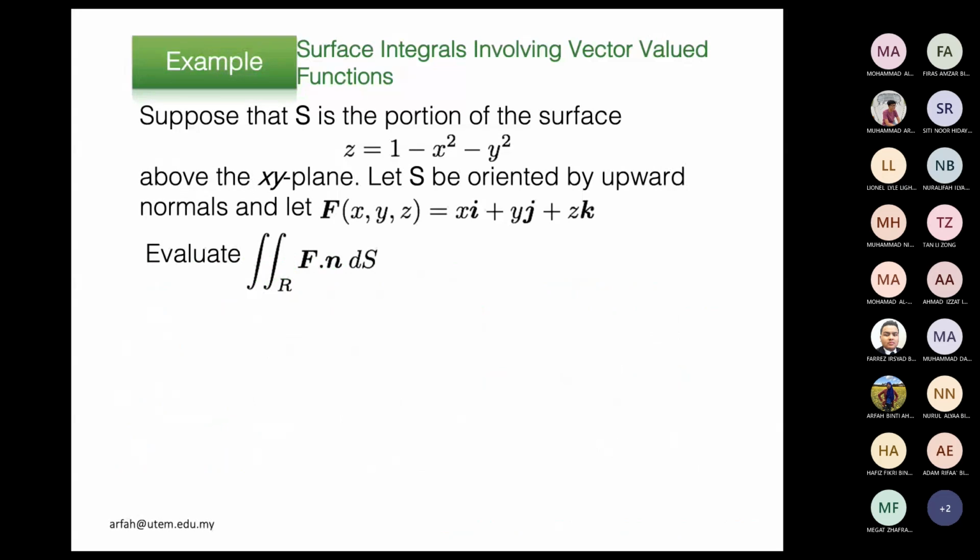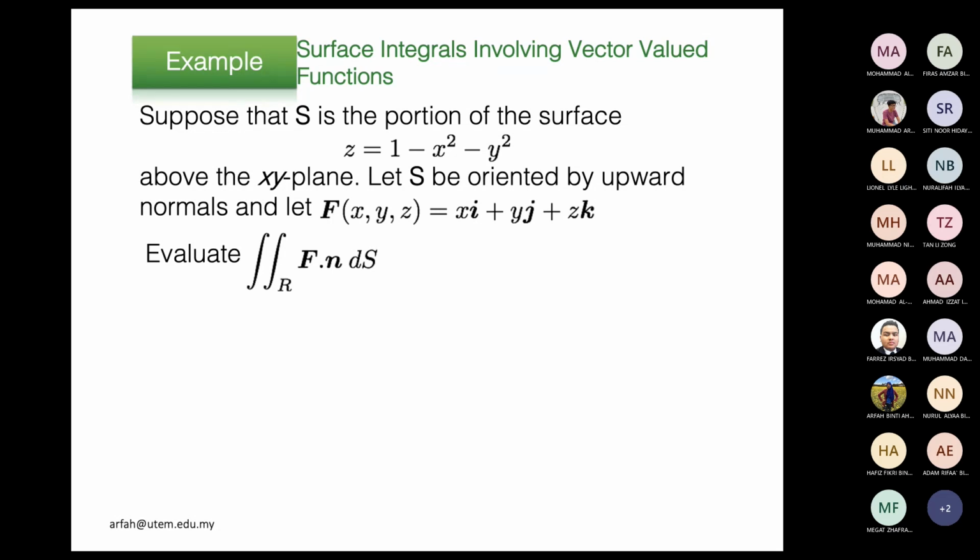For the surface integral involving the vector value function, suppose that S is the portion of the surface z equal to 1 minus x squared minus y squared. So this is an example. It is located above the xy plane, meaning that z as a function of 1 minus x squared minus y squared is located above the xy plane.